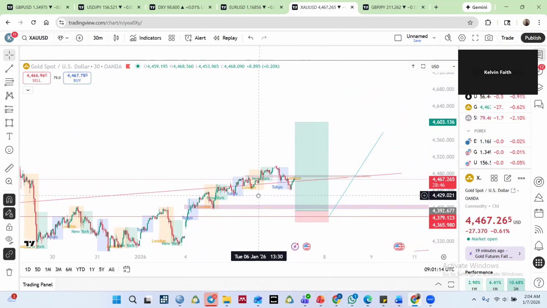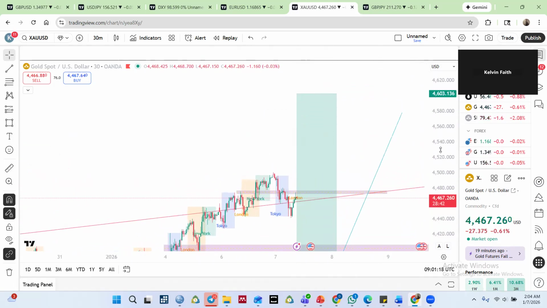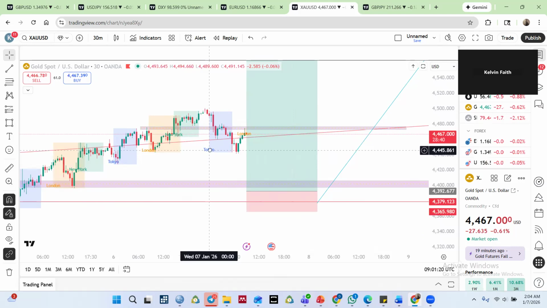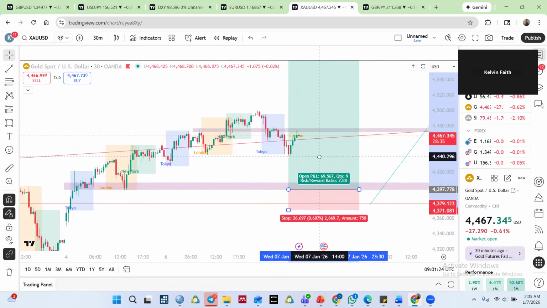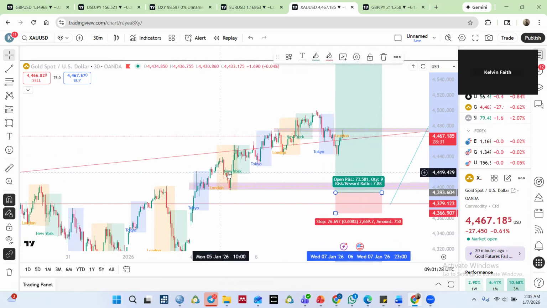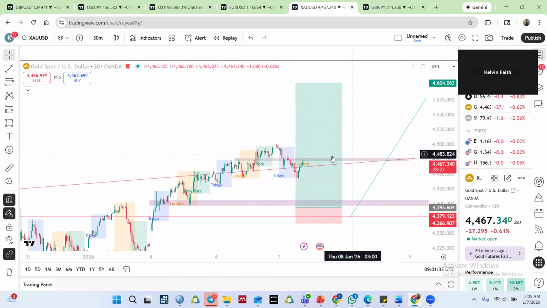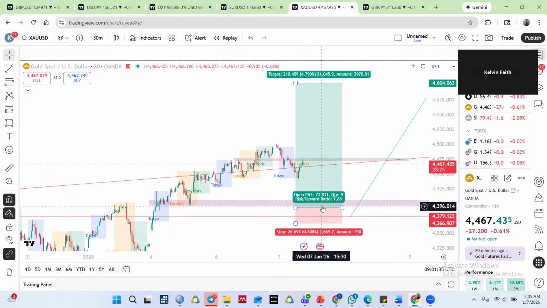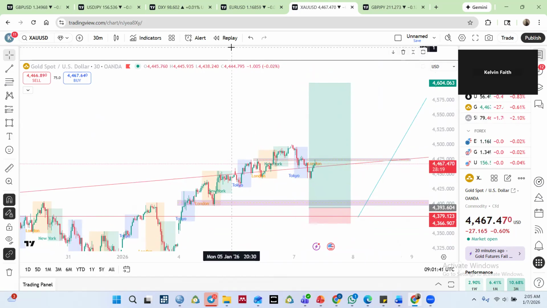But I just want to see at least a 50% retracement after hitting 78.6, which will just be around this zone. So let's see if it will come. Let's see if London session will bring price down and New York session will just push everything up. Let's see.